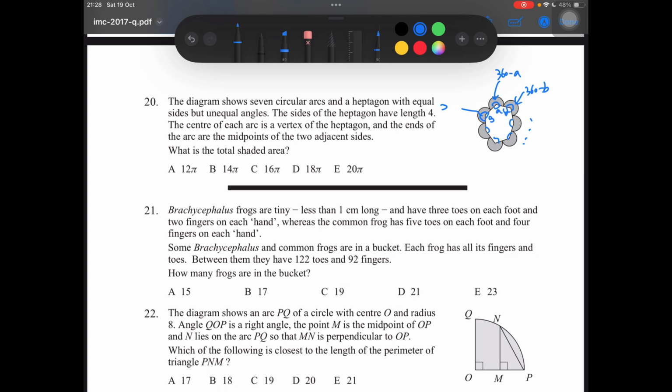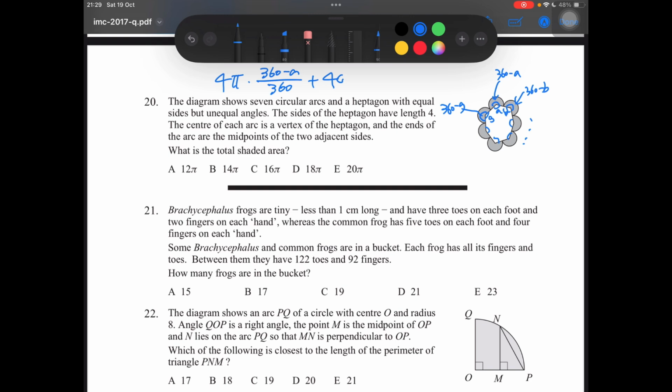And here, 360 minus G. So, for example, if I find the area of the first circle, it has a radius of 2, so pi r squared, 4 pi times (360 minus A) over 360.